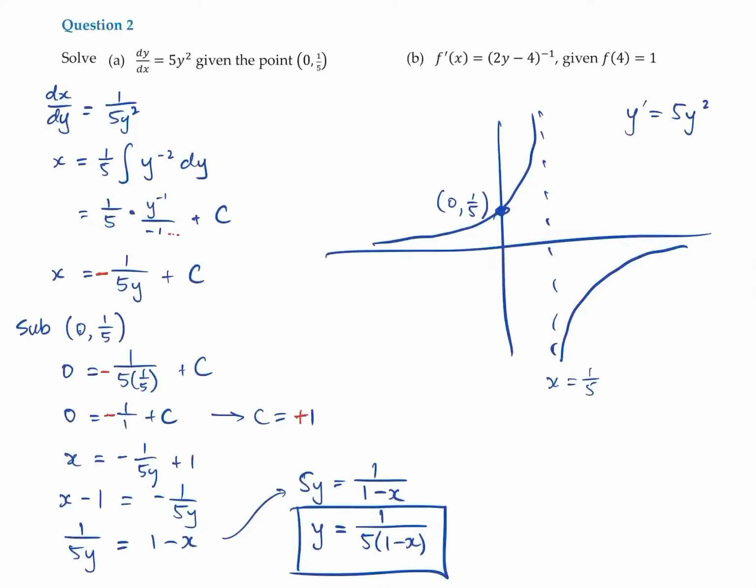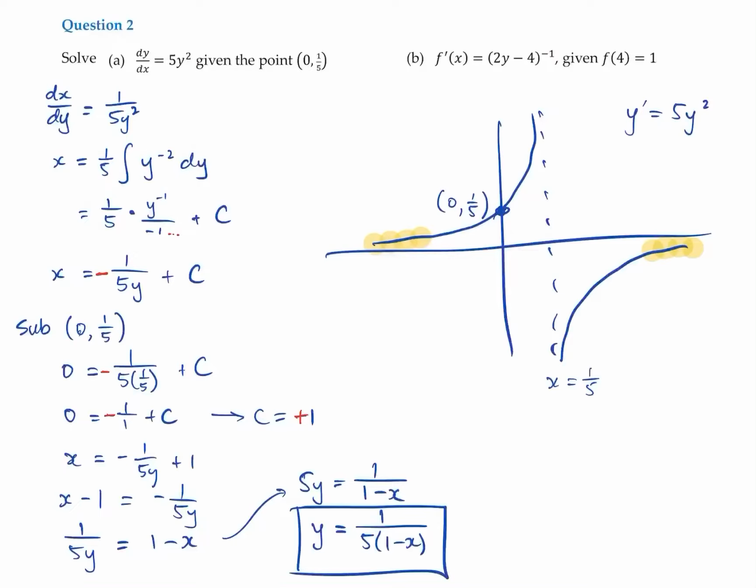So if we look at some small values of y, whether positive or negative, 5y squared is also a small value, and that means that y dash is a small value. It's nearly flat.